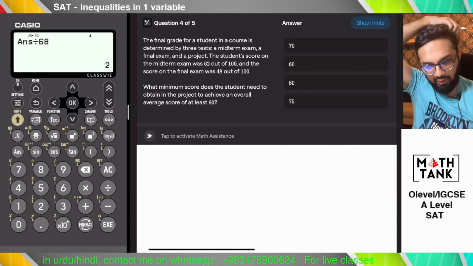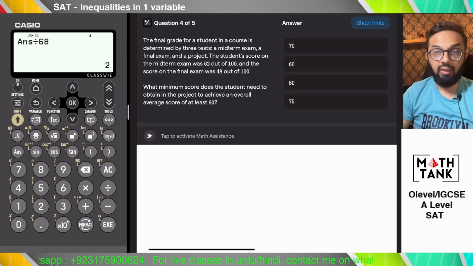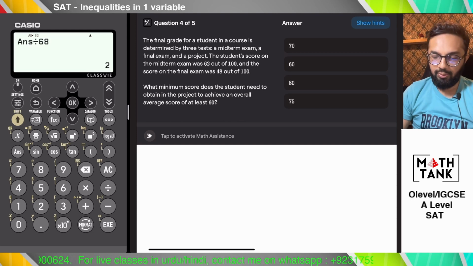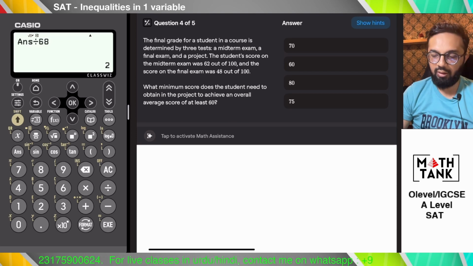It says the final grade for a student in a course is determined by 3 tests, a midterm exam, a final exam, and a project. The student's score on the midterm exam was 62 out of 100 and the score on the final exam was 48 out of 100. What minimum score does he need to obtain on the project to achieve an overall average of at least 60?